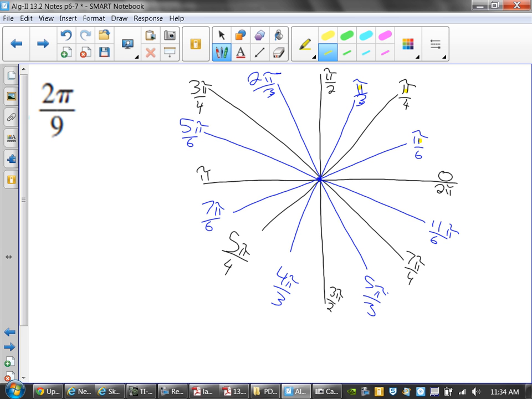The numerators are all pi. Numerator is 1 less than the denominator. Good. Numerator is 1 more than the denominator. The numerator is 1 less than twice the denominator.